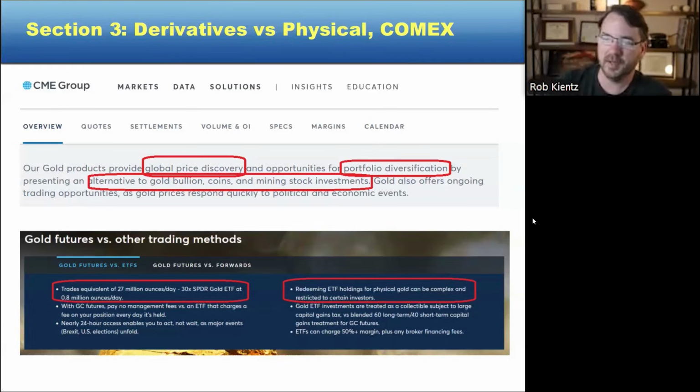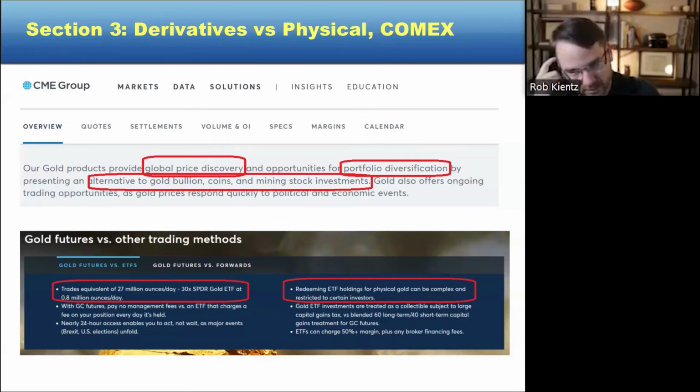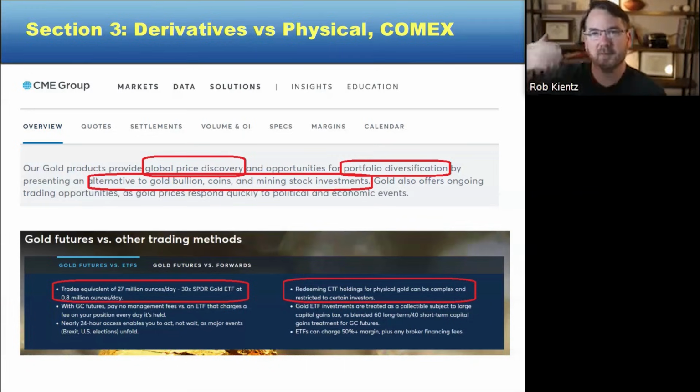Well, let's go on to another page of the CME Group's site and this little snippet from their website. Look at this. There are trades equivalent of 27 million ounces a day, 30 times the gold ETF at 0.8 million ounces a day. The SPDR gold ETF, GLD, is supposed to be a 1-for-1 trade. You buy a share, and if you buy so many shares, it's equivalent to 1 ounce of gold.